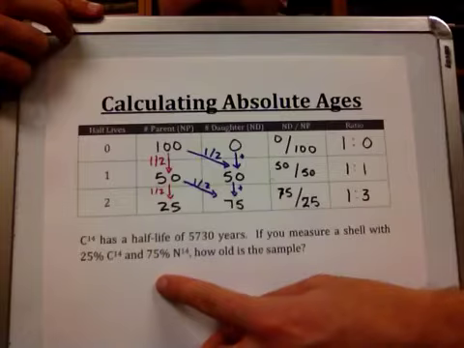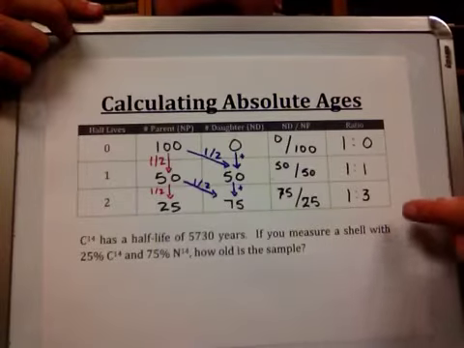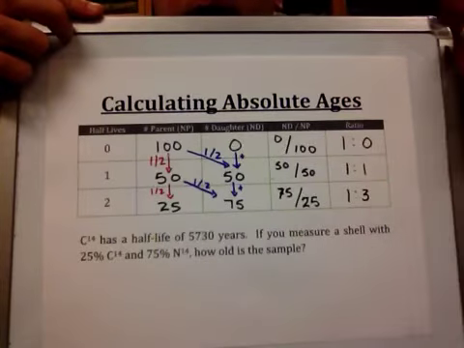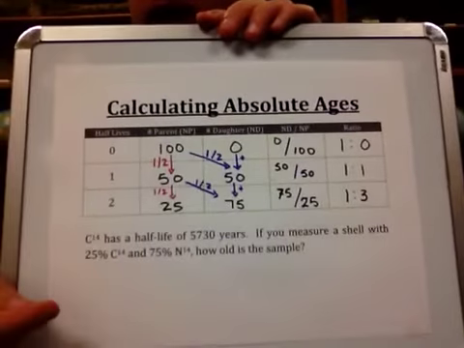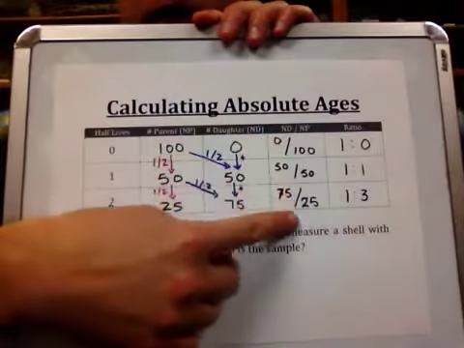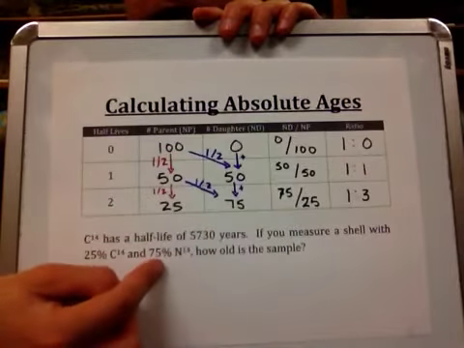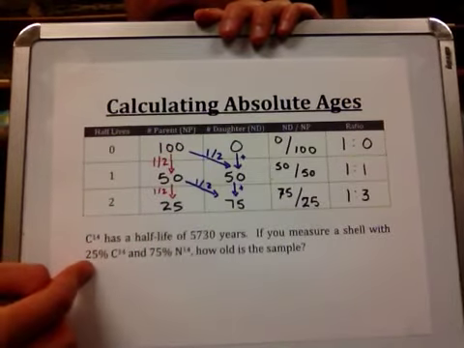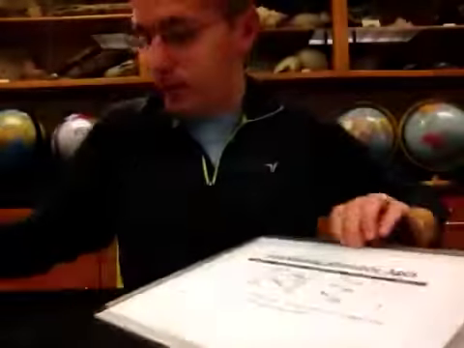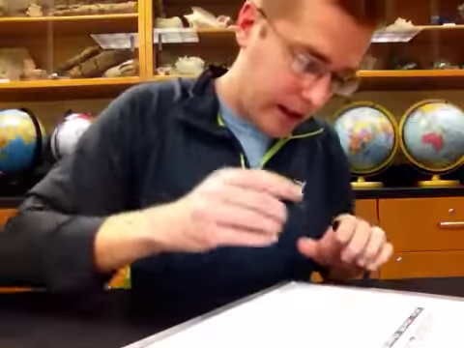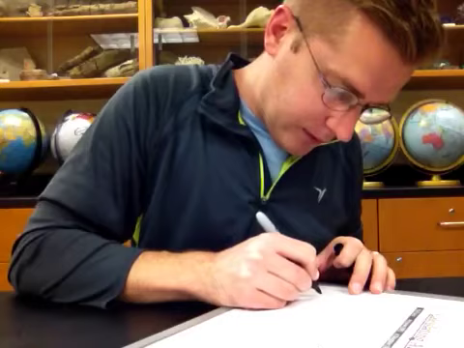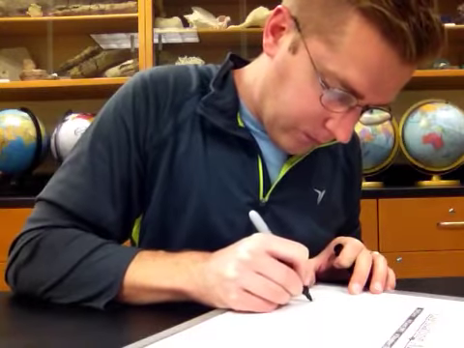The first thing we want to do is determine the parent-to-daughter ratio. So we figure out something like we did in this column: the number of daughter, 75%, divided by the number of parent, 25%. Go ahead and write that down. 75% divided by 25% is going to give us a number of 3.